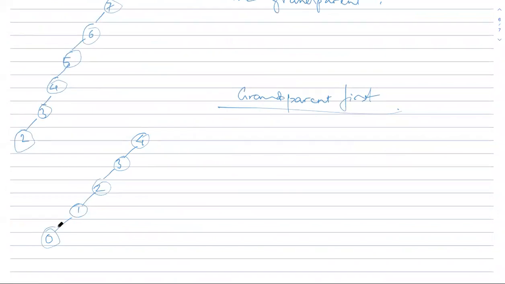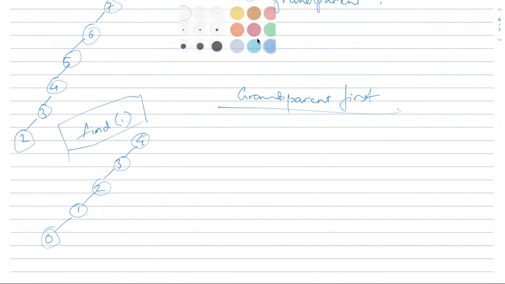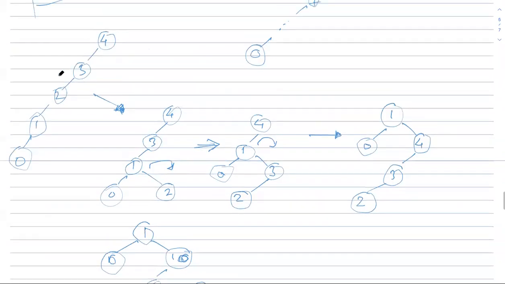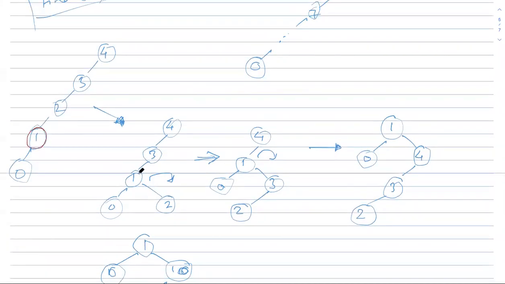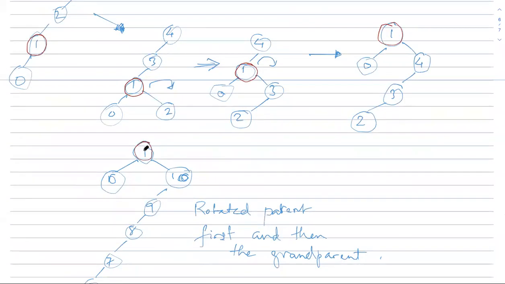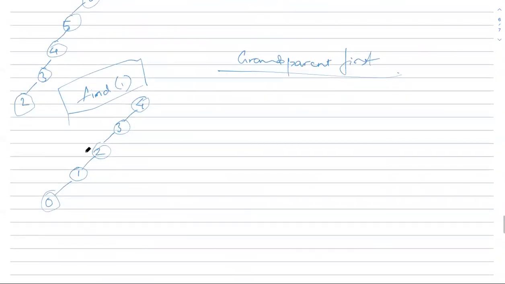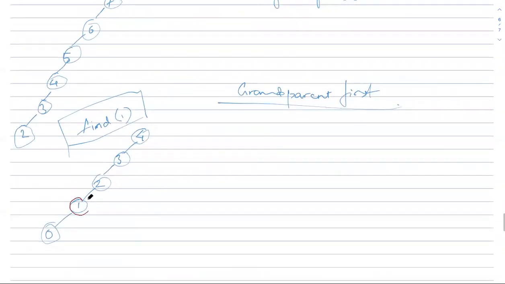Here we are doing something similar to the previous example: find of 1. Just to be clear, our focus was here. We were splaying this 1 to the root. So finally 1 arrived here. So here also our focus is on 1.